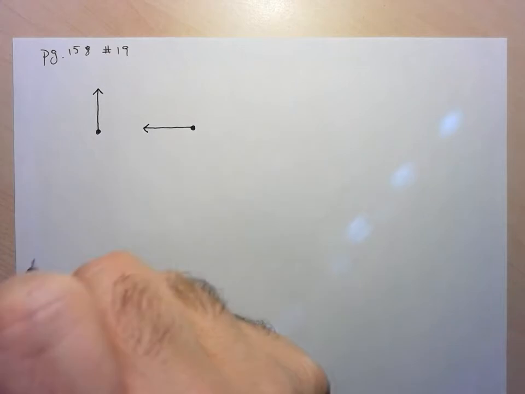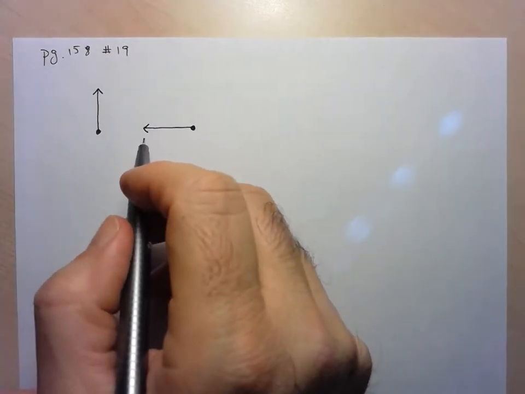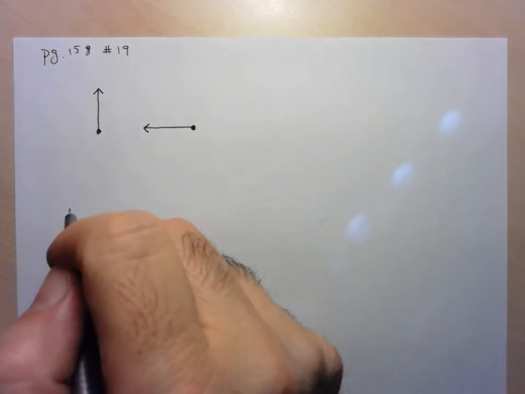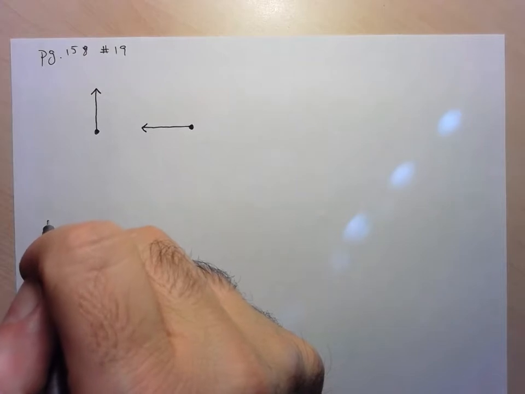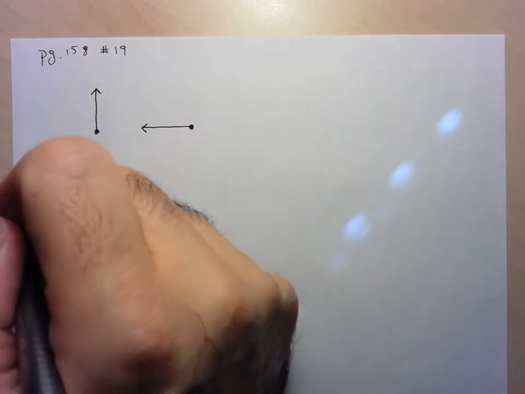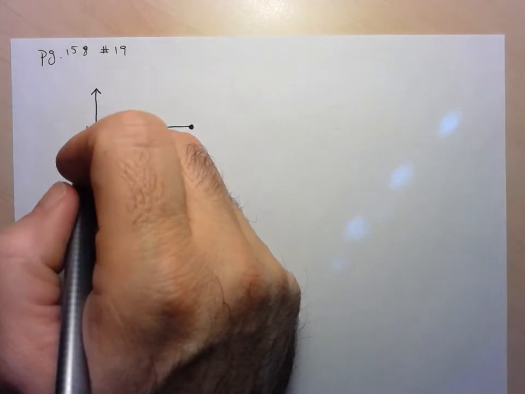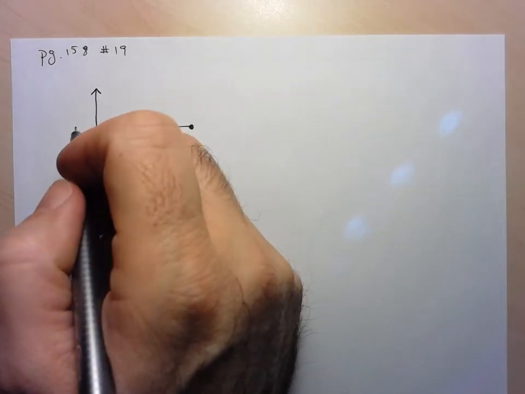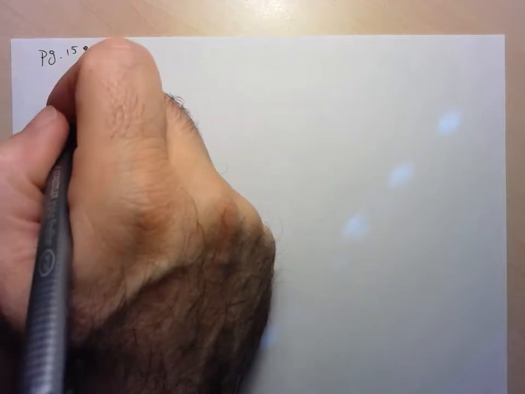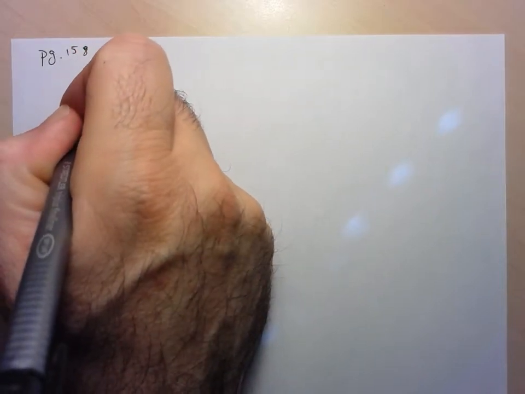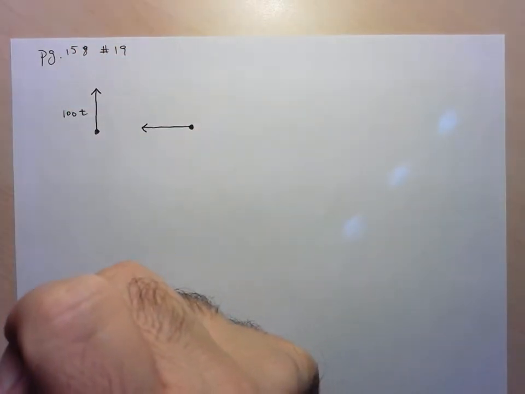That represents how far it's traveled in an unspecified amount of time. We know that this train here is traveling at 100 kilometers an hour, so after t hours, it'd be traveling 100t kilometers.